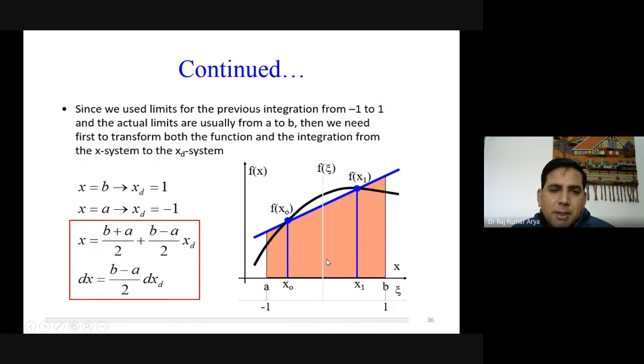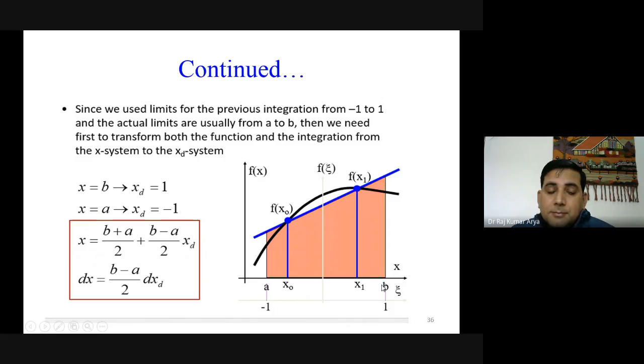Let's say x equal to b, you want to make it 1, and x equal to a, you want to make it -1. Now you take some other function, let's say in the form of zeta. So zeta now changes from -1 to 1. Previously it was x, which changes from a to b.